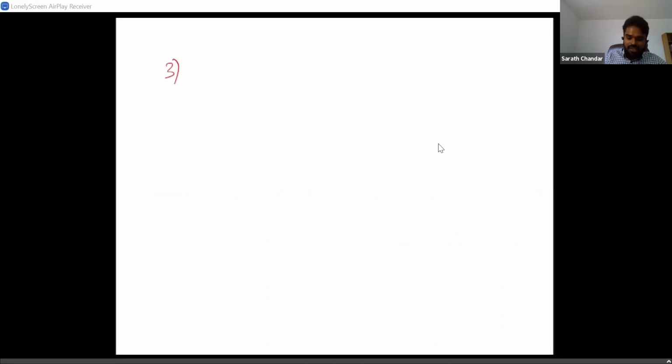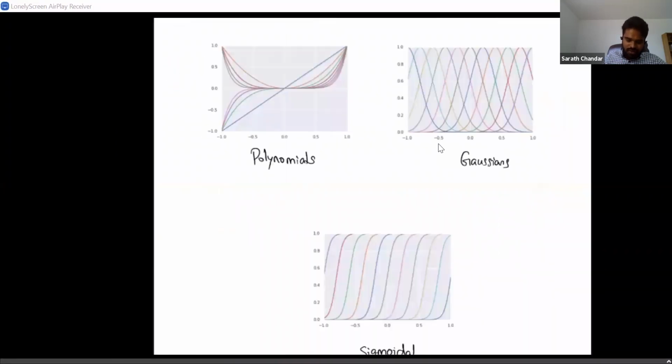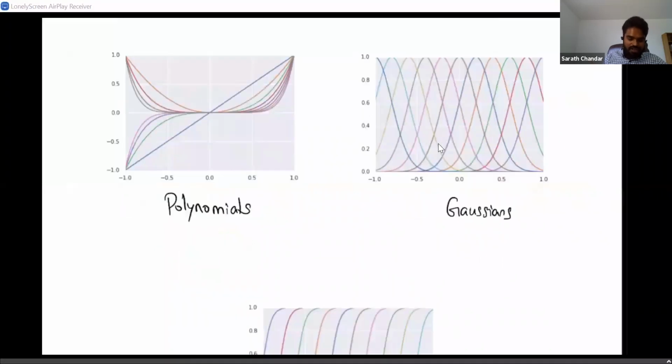Now let's look at one more function, and then we will see how all these basis functions look. Maybe let's first look at how the first two functions look. The polynomial is given here: this is a polynomial of degree 1, or the identity function, and then you have various degree polynomials here. Similarly, the different Gaussian basis functions are here.